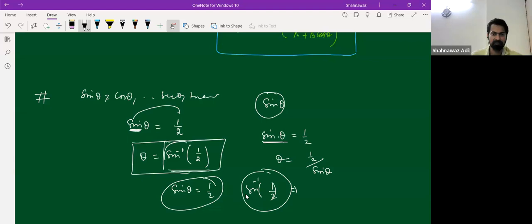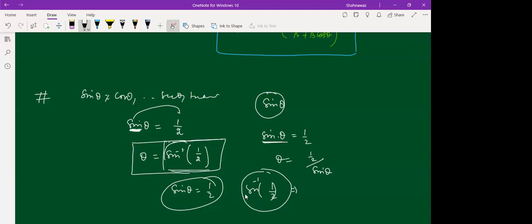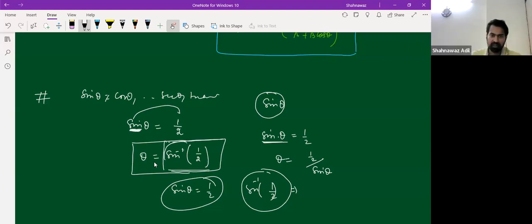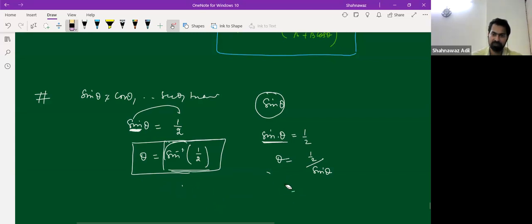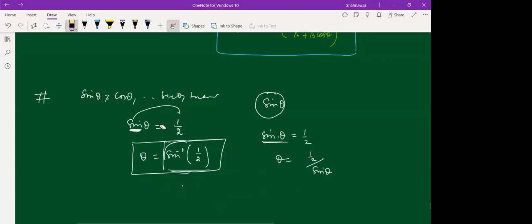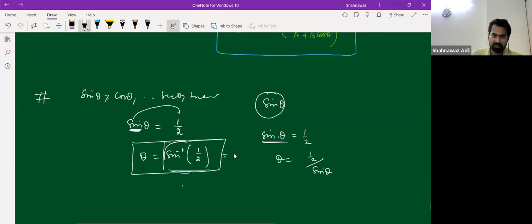So what is the value of theta which gives sine theta as half? It is 30. So theta would be 30.